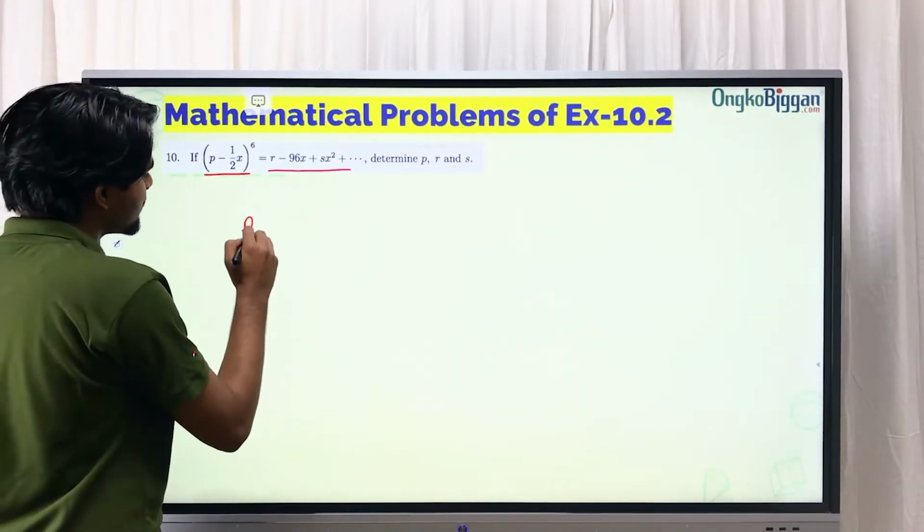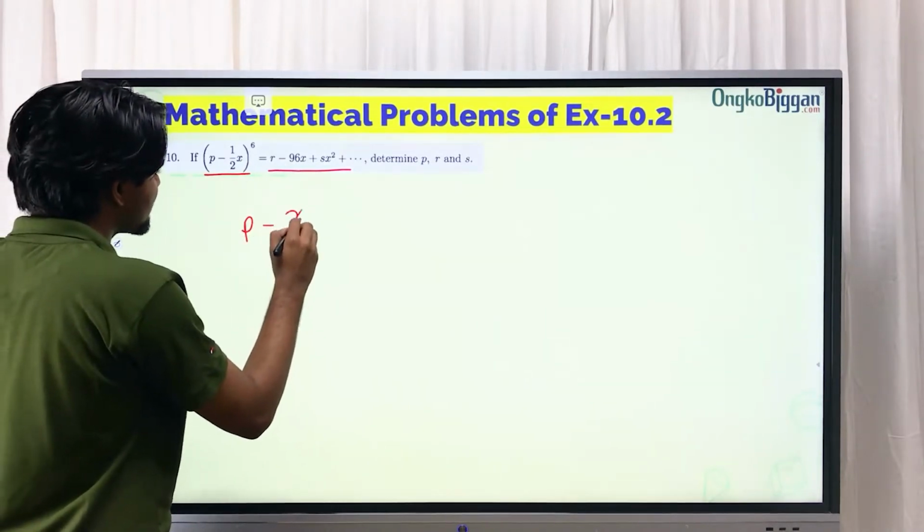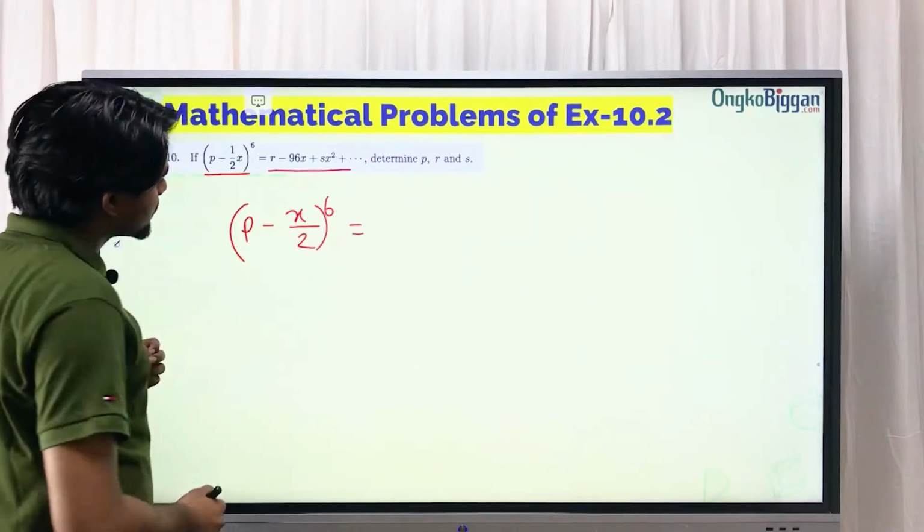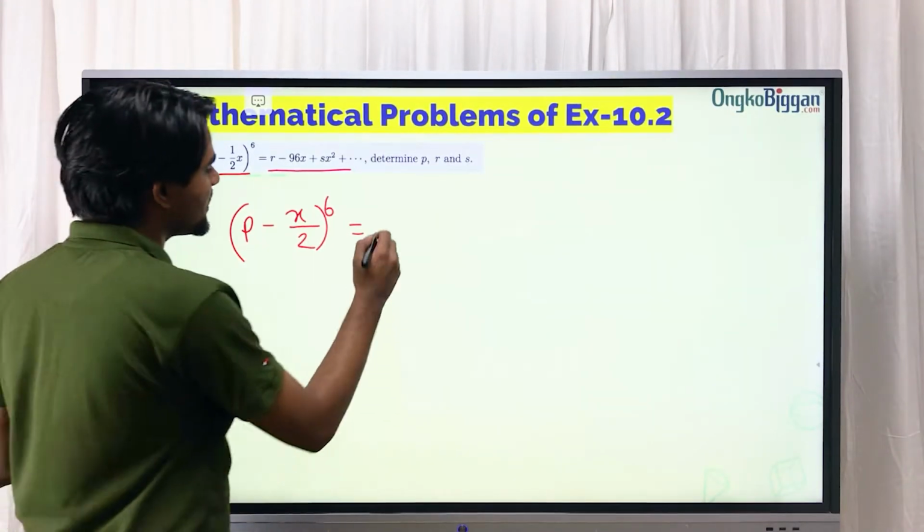So the actual expression given is (p − x/2)^6 equals, the first term will be p to the power of 6.